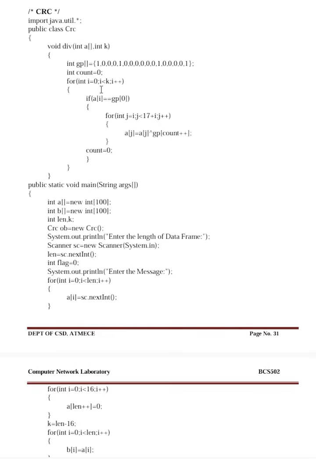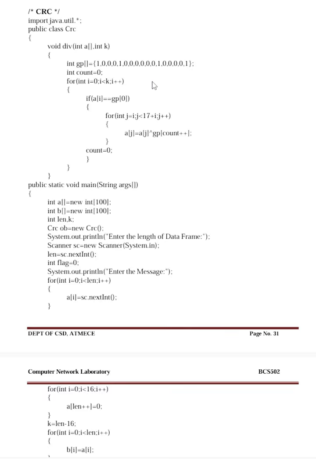K is the original message length, used to compute the remainder CRC. Int g is used to perform polynomial long division. The inputs are a and k. A is the working array containing the message followed by 16 zeros. K is the original message length.